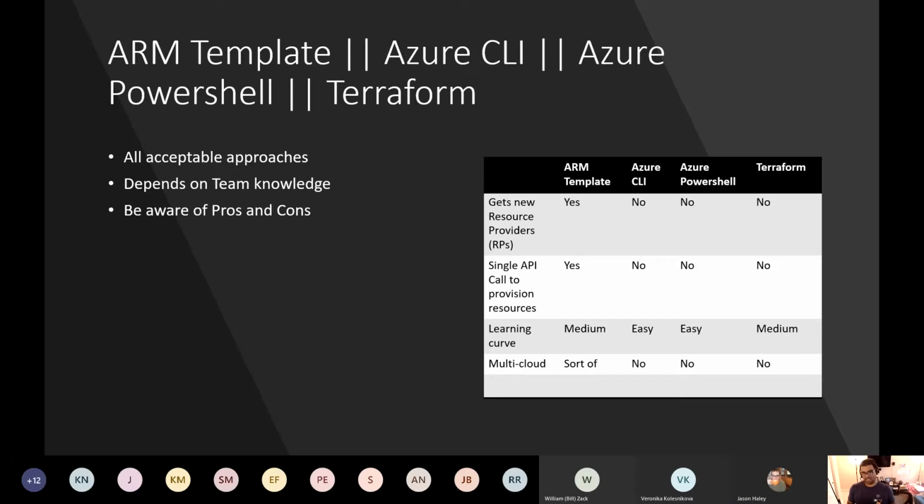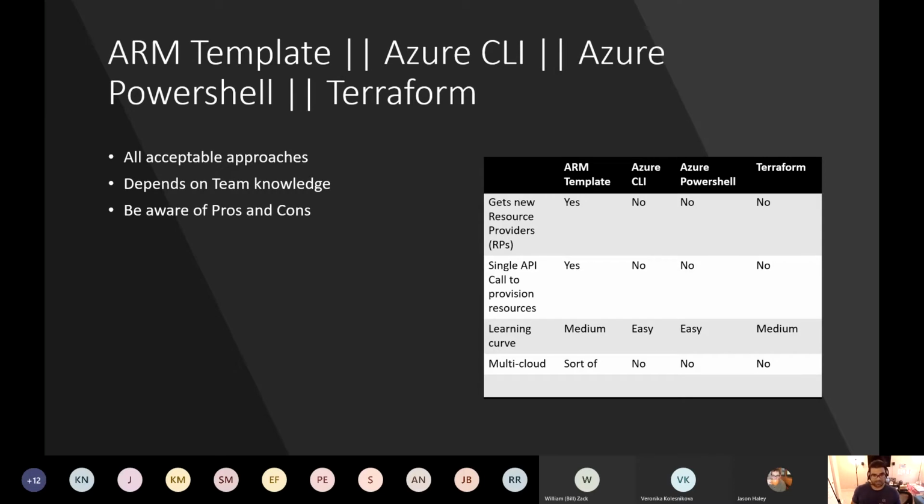So maybe 90% of the work is done by just using the SDK, but you still need to do some work to get those new services to be exposed through CLI or PowerShell. In Terraform, if you know about Terraform, you need to code the provider.